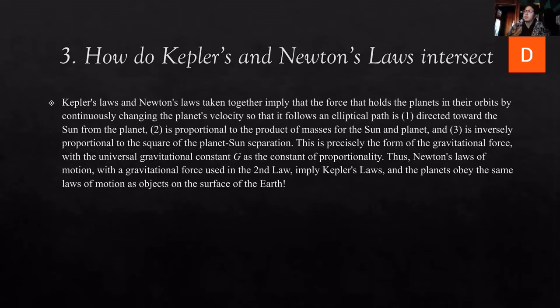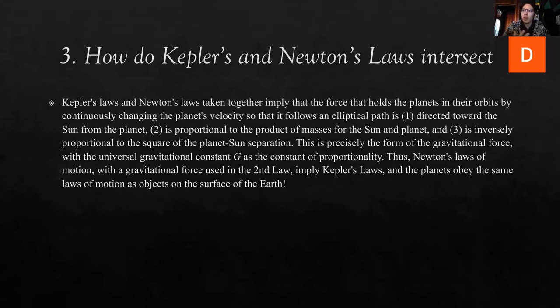This is precisely the form of the gravitational force with the universal gravitational constant G, which is listed in your worksheet as 6.67 times 10 to the negative 11th. Units are meters cubed per kilogram second squared, is our constant of proportionality for this.